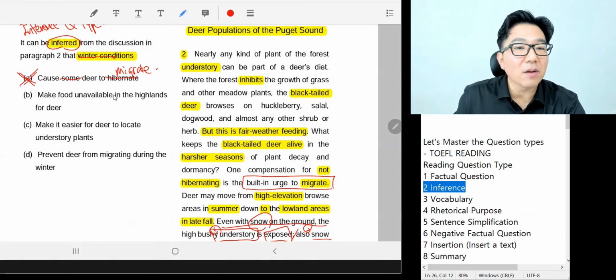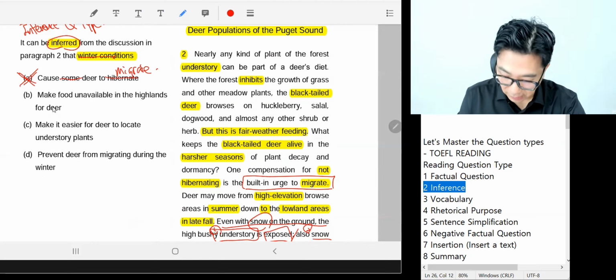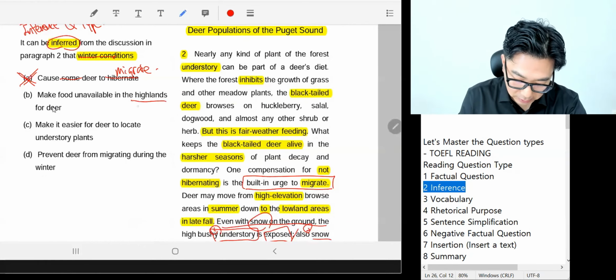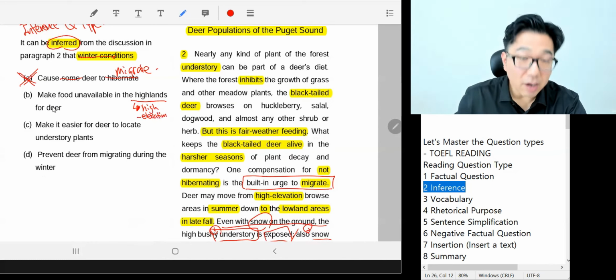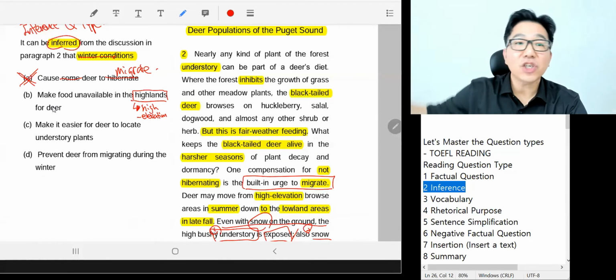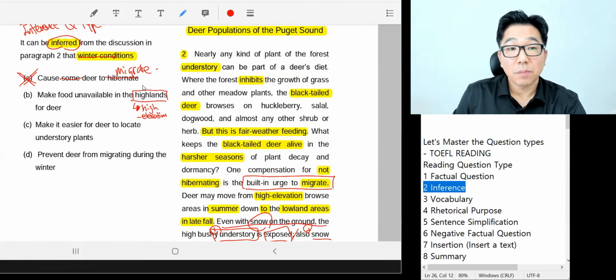B, make food unavailable in the highlands for deer. Obviously highlands is the same meaning as high elevation area. So if highlands is the paraphrase and synonym of high elevation area, this is true because they move from high elevation during the fair weather where this place has plenty to eat for the deer.